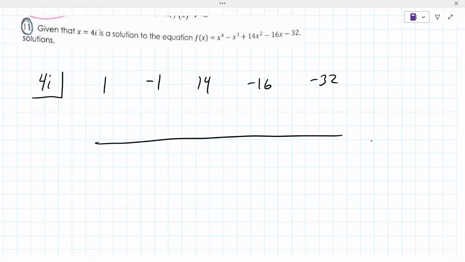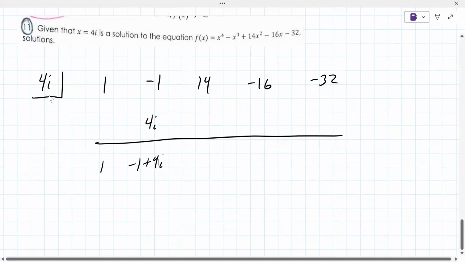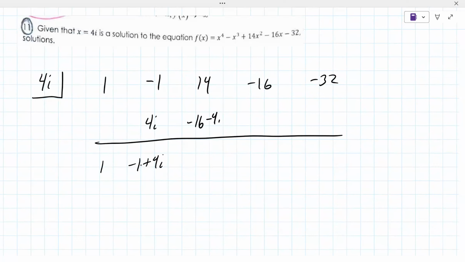All right, so 1 minus 4i times minus 1 plus 4i. When you multiply this in here, you get 16i squared, which becomes minus 16, minus 4i, minus 2, minus 4i. So we're looking good so far. And then it becomes minus 8 minus 16i squared, so positive 16, minus 8i.